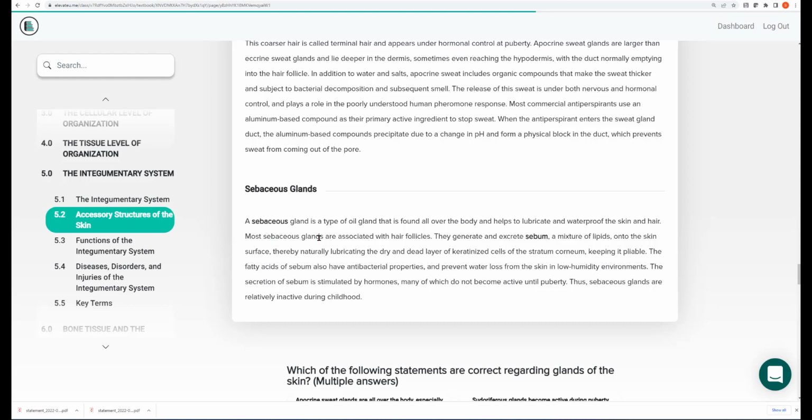Sebaceous glands are, I will say always, although it says most, but everything I've ever seen, they are associated with hair follicles. So as mammals, we have hair from head to toe. We have hair, even where we don't think we have hair, we have microscopic hair. And these sebaceous glands release those products to the surface of our skin, and that oil that they produce is called sebum. And that sebum keeps our skin lubricated.